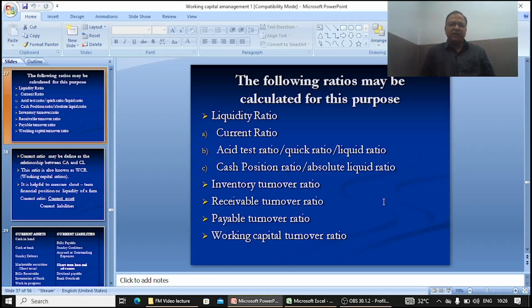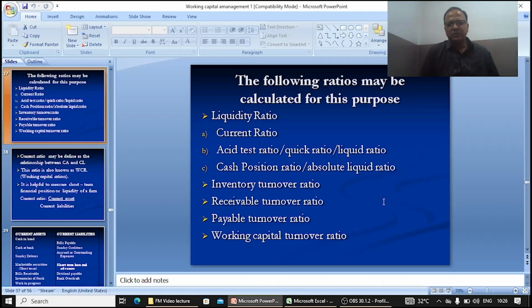Current ratio should be one by one, but if the organization is unable to maintain a ratio of one by one, it means management is not efficient. Suppose current ratio is 1 by 2, it means the organization is unable to pay its current liabilities in the short term.